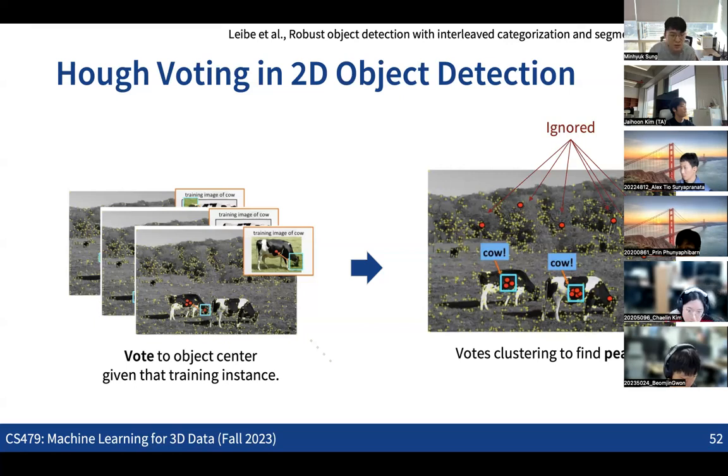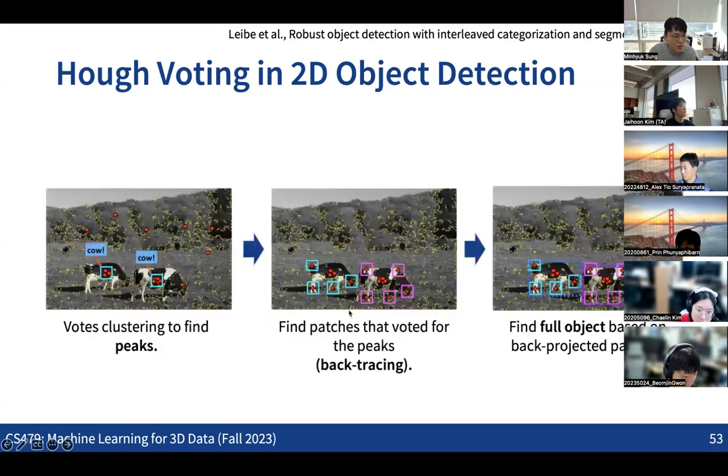So we can do some kind of back tracing for each of the peak points. We can see which votes are coming from which patches. In this way, from the peak point, we can go to the votes and also the local patches, and see which local patches are associated with the peak.